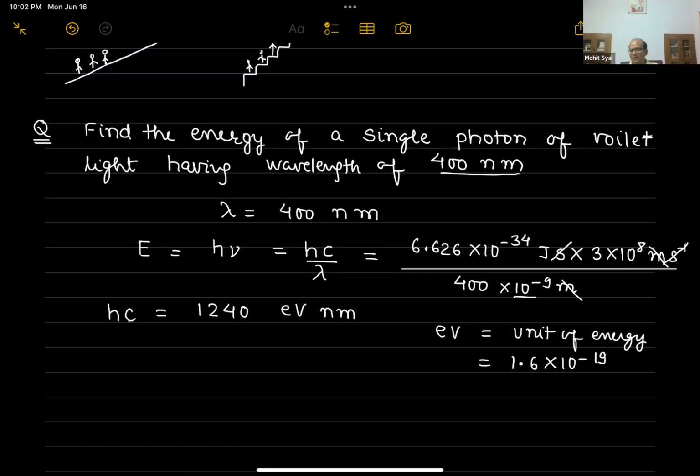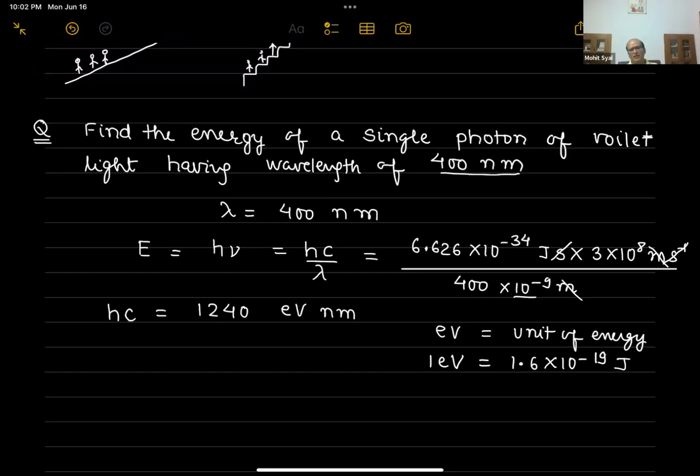That was the charge, and that charge you can take as joule. In joules, it is equal to the charge of the electron in joules. That is very small, 10 to the power minus 19.